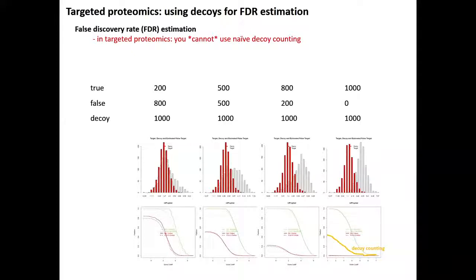So this is important in order to understand that we don't take those target and decoy distributions as they come directly from the data, from the software, but we actually perform multiple hypothesis correction in order to scale these decoy distributions to match the false target distributions that you see on the left-hand side.